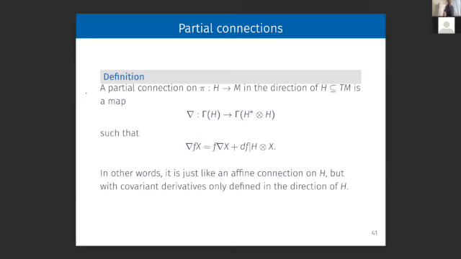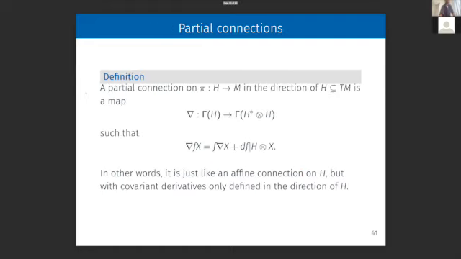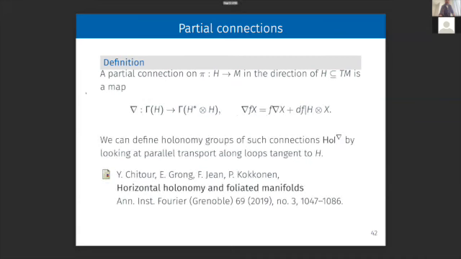In this setting, the connection is partial not because the y is in H, but because the x is only in H. That's what makes it partial. You can define partial connections on other vector bundles as well. And if you have enough isometries, then I showed that there is a unique one that is compatible with all the isometries.